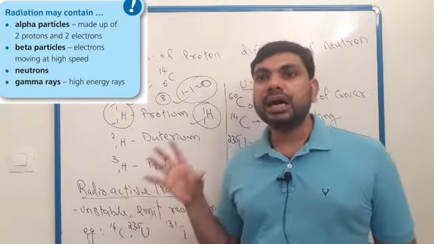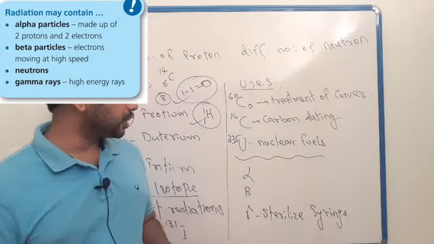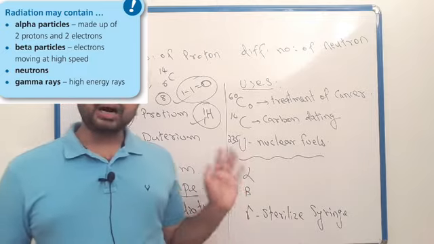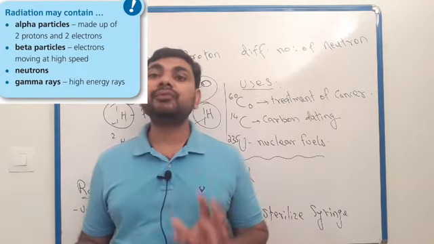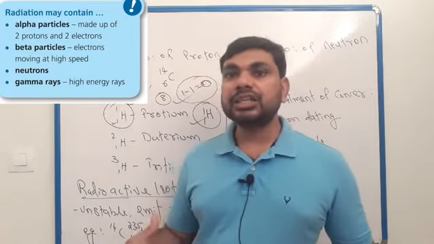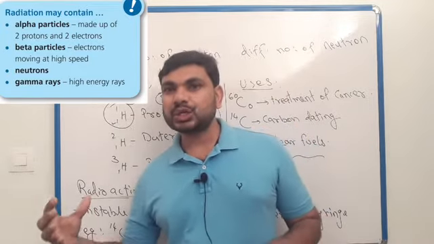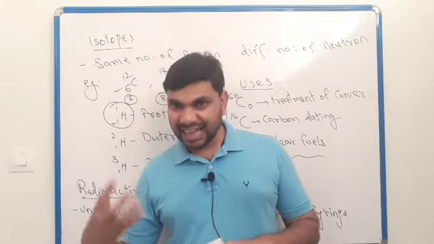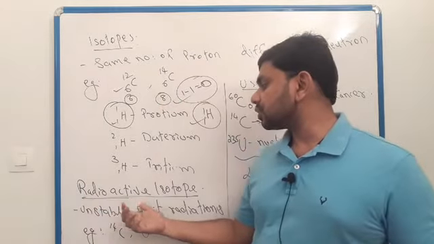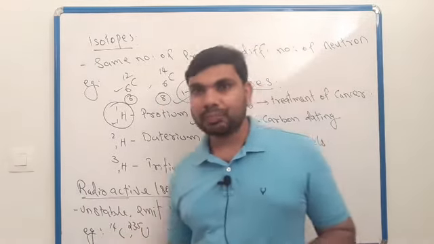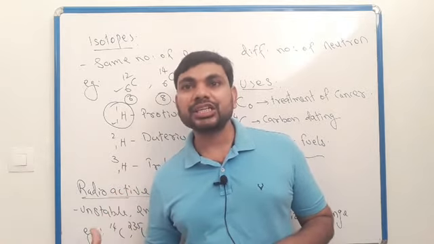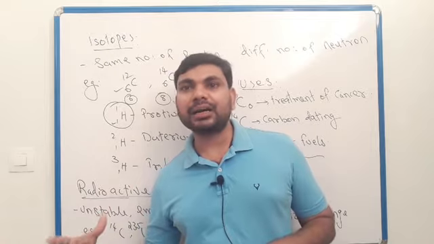It emits harmful radiation, which we call alpha, beta and gamma. These are harmful radiations emitted by a radioactive isotope. After emitting harmful radiation, this isotope, this nucleus, will change to another nucleus. Such types of isotopes are called radioactive isotopes. So radioactive isotopes are not stable, and they emit harmful alpha, beta and gamma radiation.